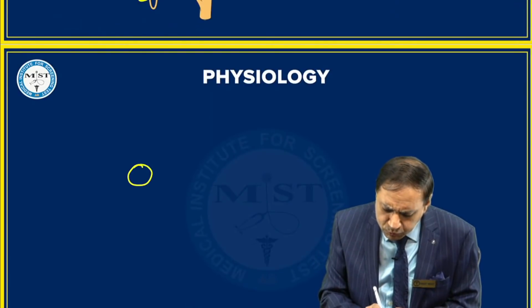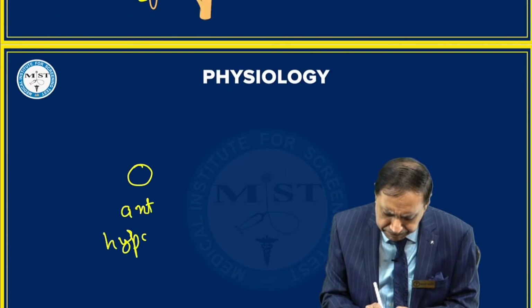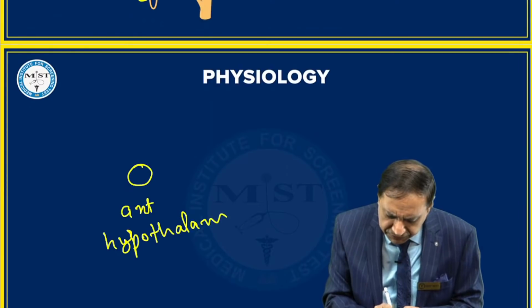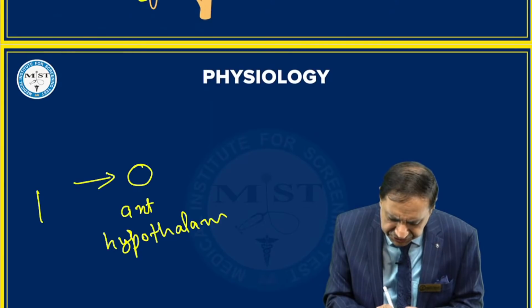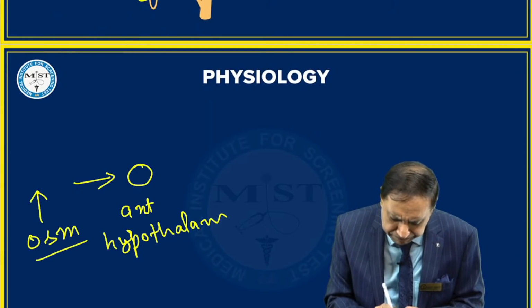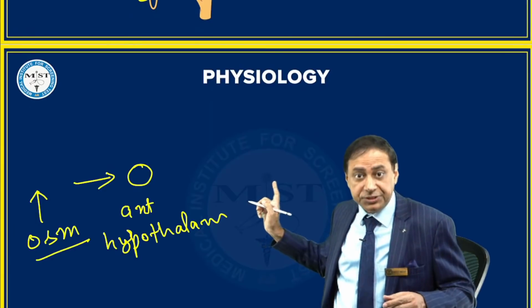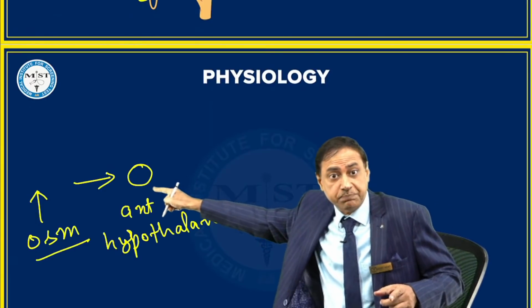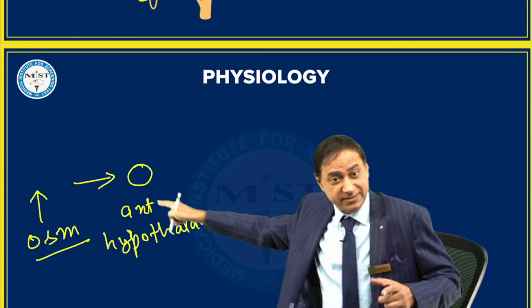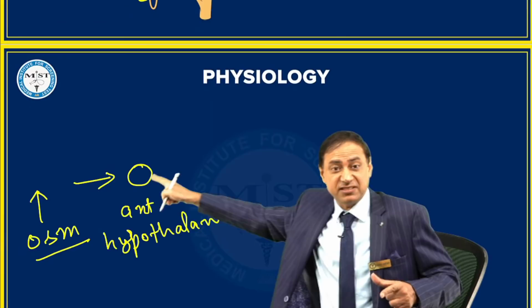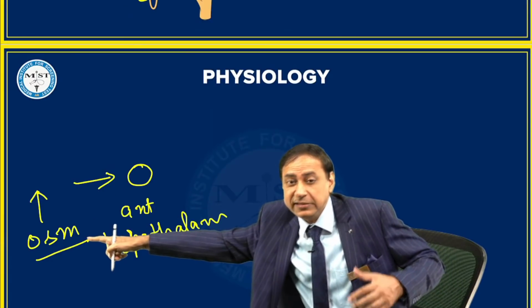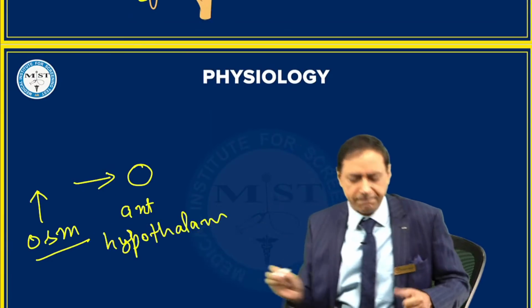There are osmoreceptors present in the anterior hypothalamus. They will sense the increased osmolarity, the concentrated blood.